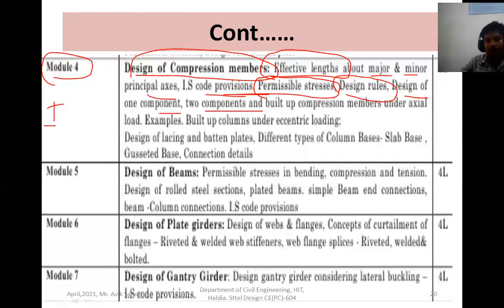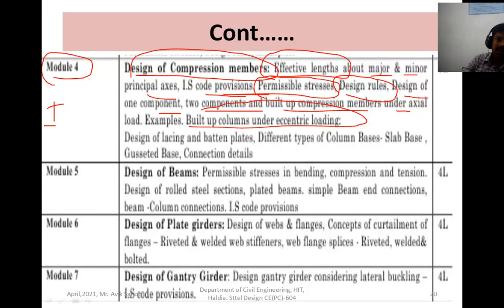When more than one compression member is joined using a plate, these members are called built up compression members, which are used in columns under axial load, and also built up columns under eccentric load. Similarly, you know that a column is a compression member which carries compressive load.